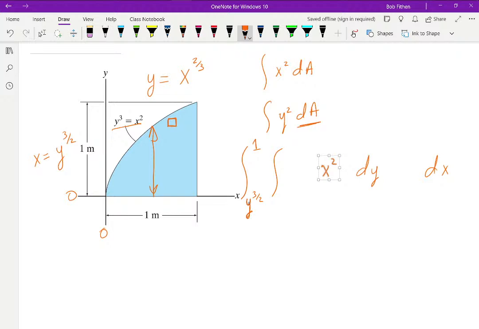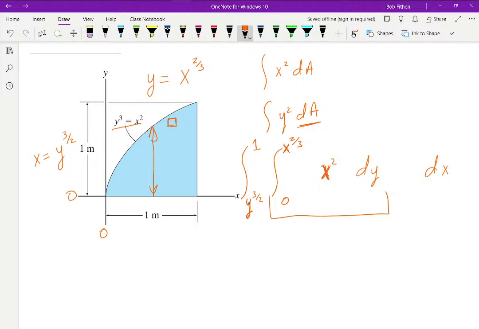What does y run to? I already talked about that. Y runs from 0 to x to the 2/3. I'm doing each integral individually all the way through. So x squared is just x squared.